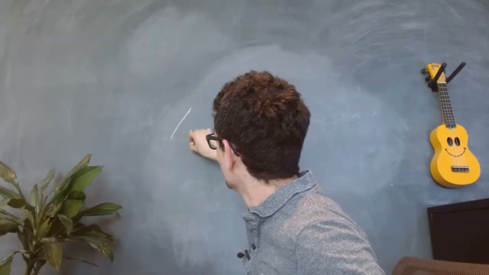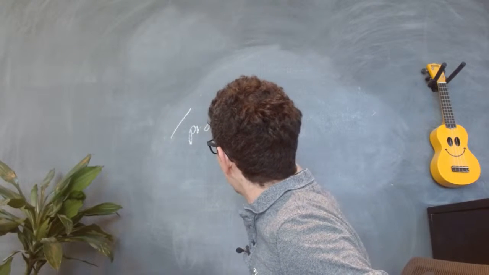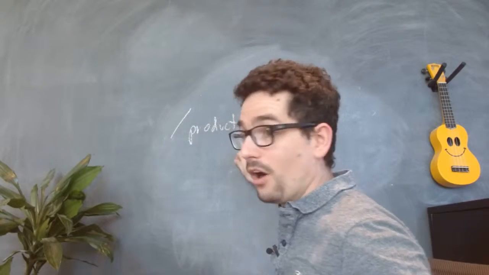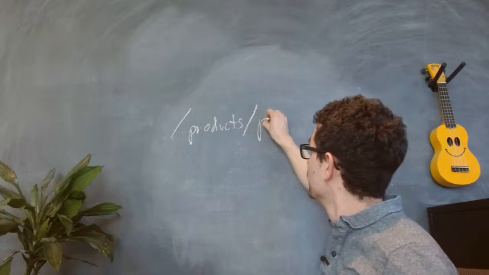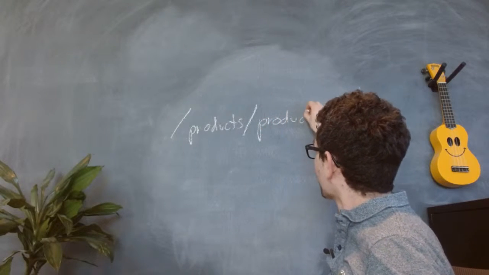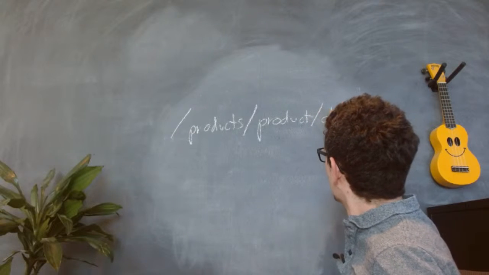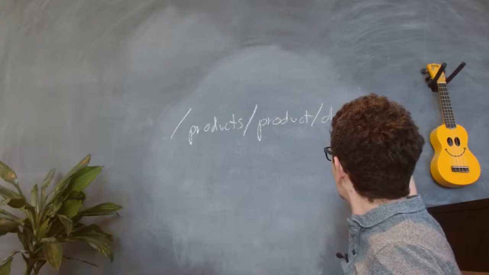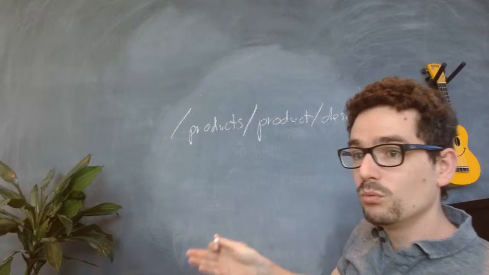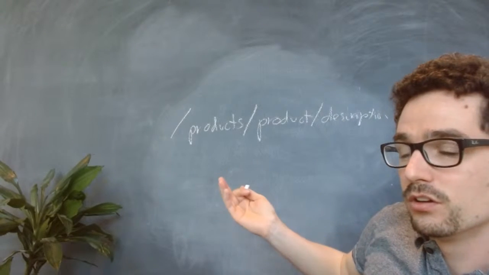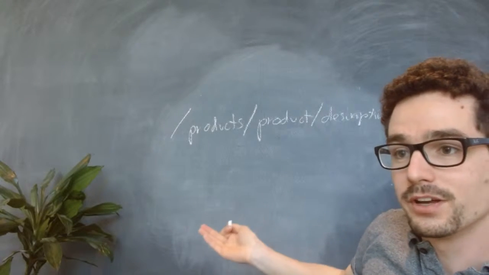And then you go into the products, and within the products you go into a product node. So we had this last time, and then in the product you go into this description. And the idea was to be similar to folder structures.